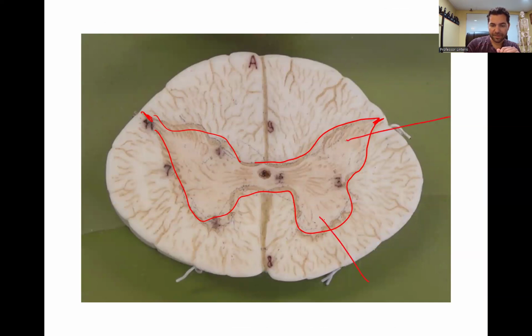Obviously, I'll draw lines so you can practice. We have our anterior horns, posterior horns, lateral horns. We have our gray commissure, which is in the middle. We have our central canal, right? Practicing all this. We have different regions of white matter, which are called columns.